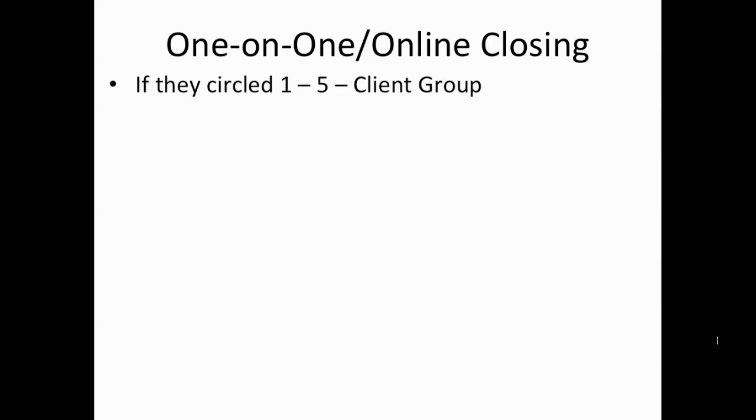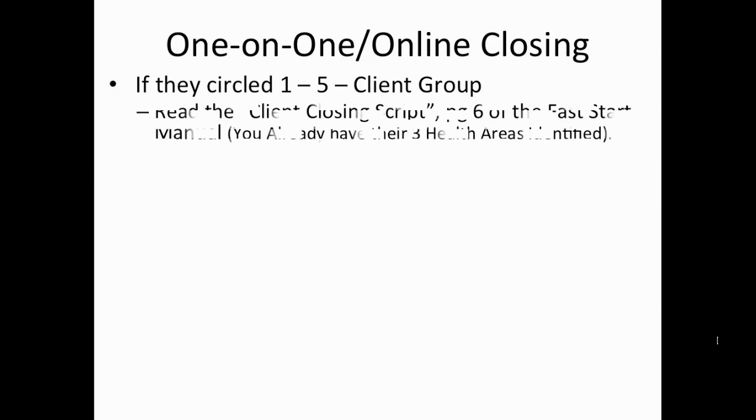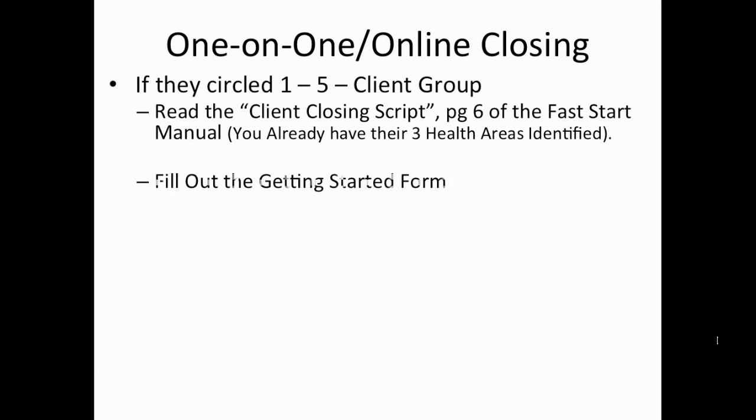So now, if the person one-on-one says they want to be a client, great. Bring out the fast track manual, go to page 6, and read the client closing script. You already have their 3 health areas identified. It's basically sitting them down, identifying what products best fit their needs based on their health area concerns.